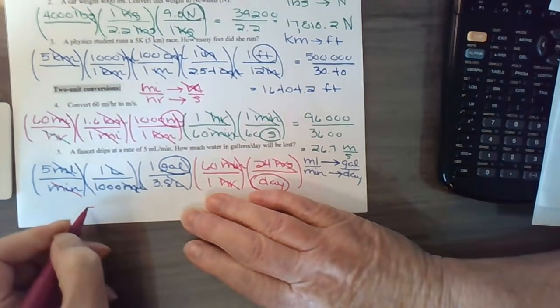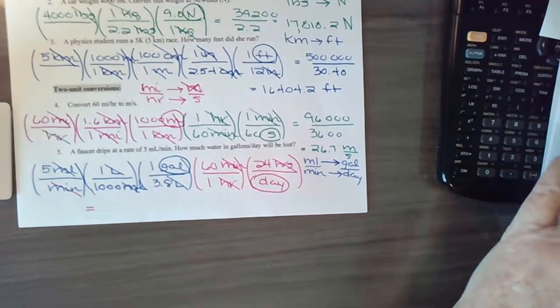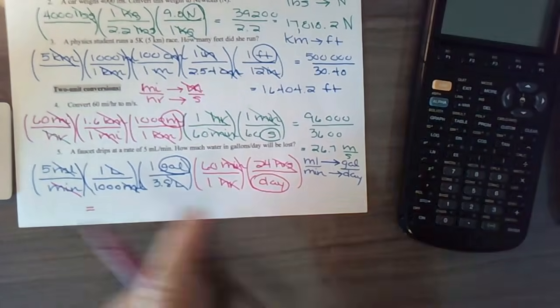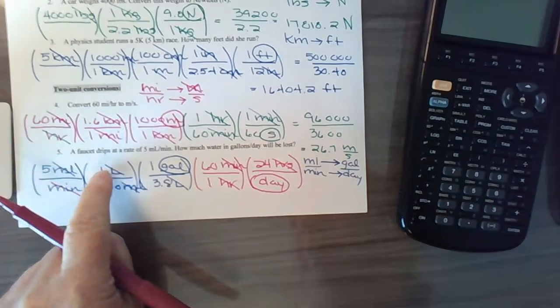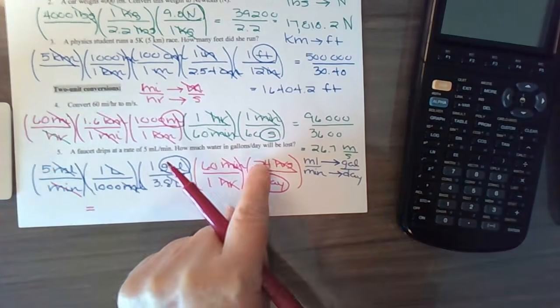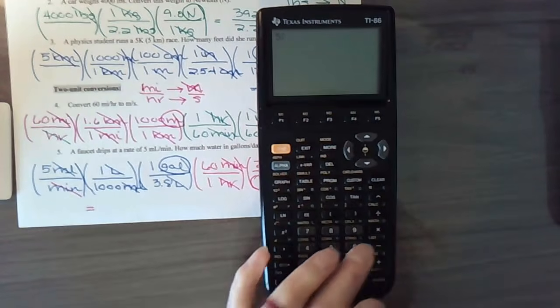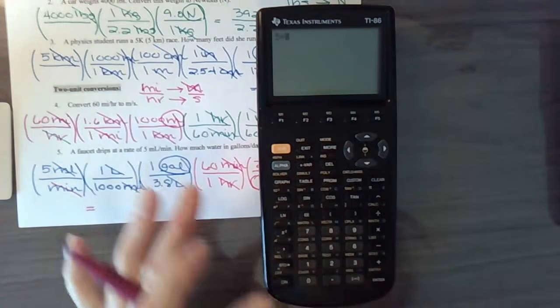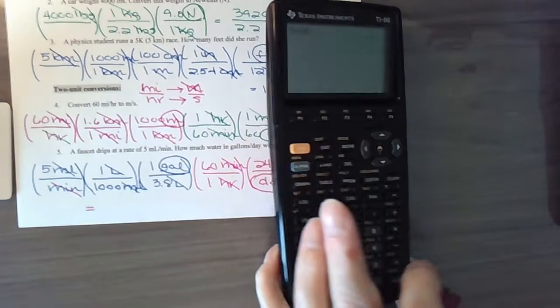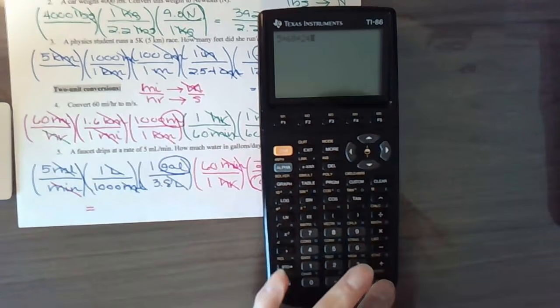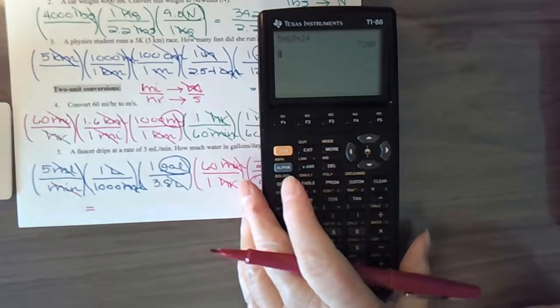Let's just figure out what it equals. I'm going to multiply all the numbers on the top. So 5 times 1 times 1 times 60 times 24. So let's say that again. 5 times 1 times 1, I'm skipping those, times 60 times 24. 7,200.